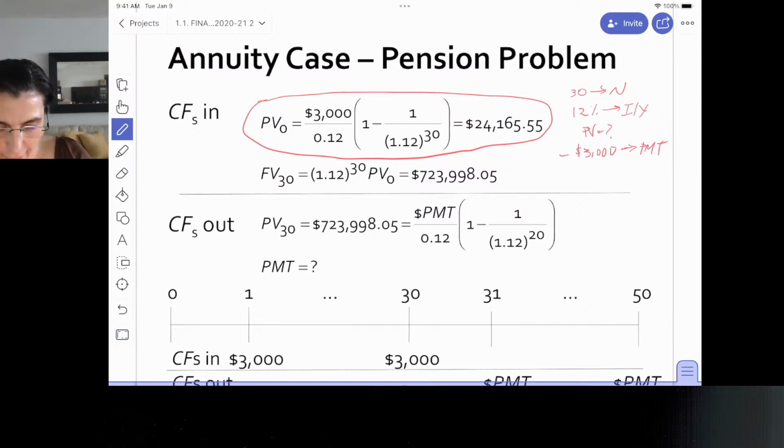And then FV is not of interest to me. I'm interested in PV for this annuity. Remember, we don't use FV. We don't have to use all keys for the annuity case, only for coupon bonds. So now we compute PV and we get that number.